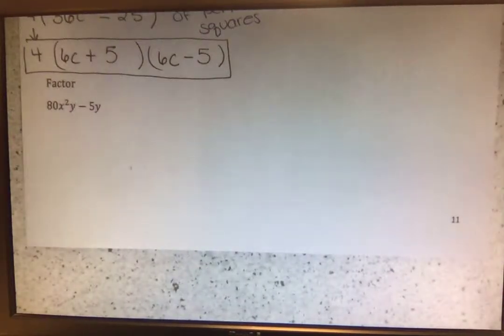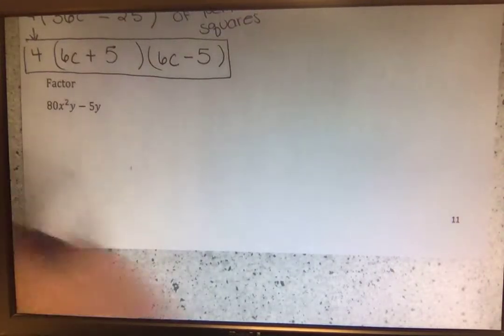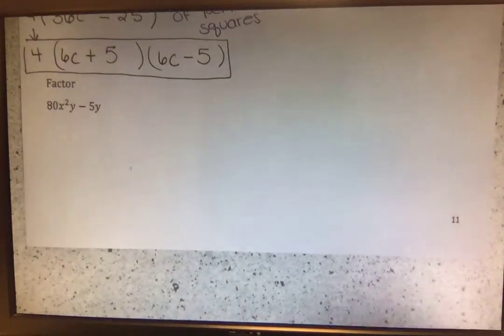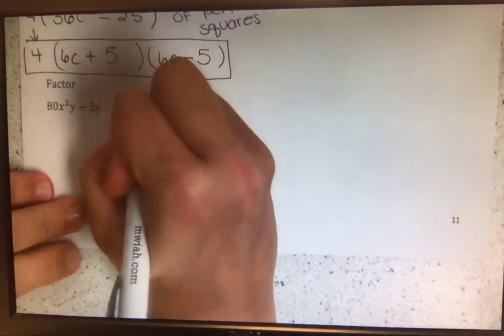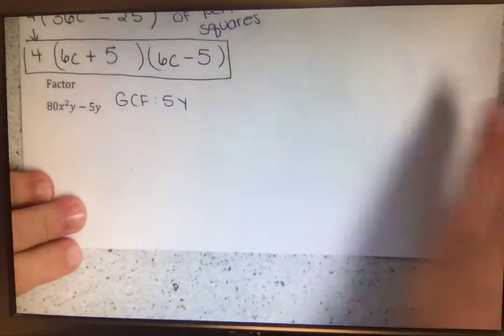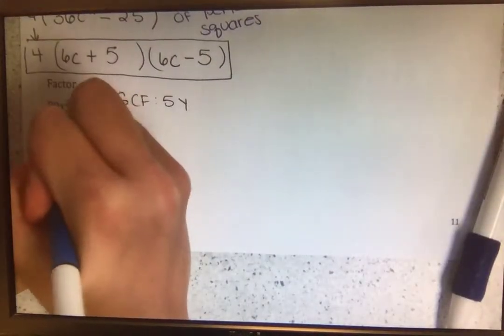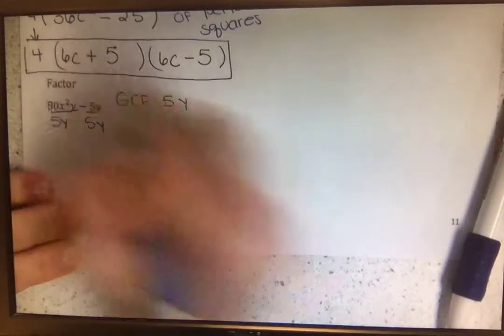Next example, same thing. 80x squared y minus 5y. So first thing is GCF. What do they all have in common? I notice that they all have a 5y in common. So that'll be our GCF of 5y. So let's factor or divide out a 5y from both terms.